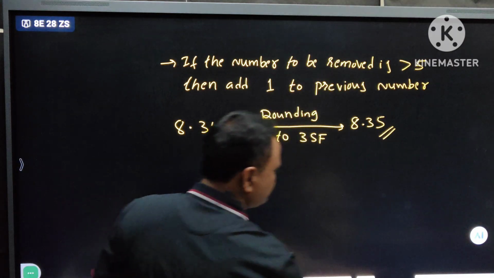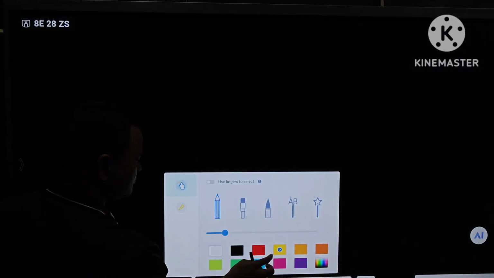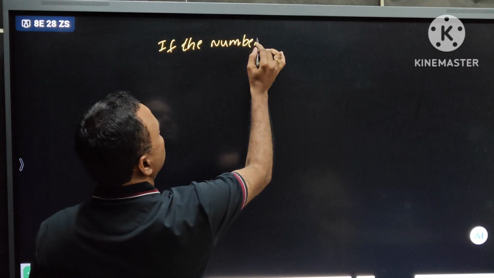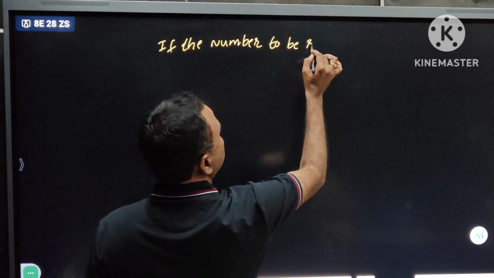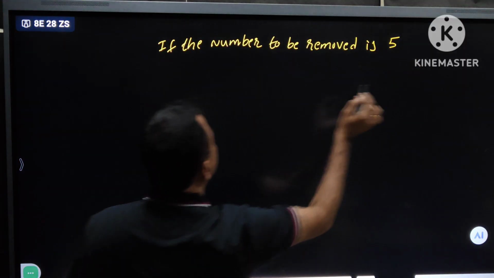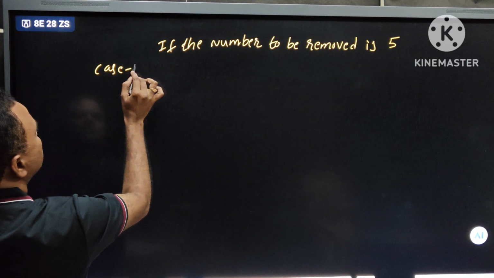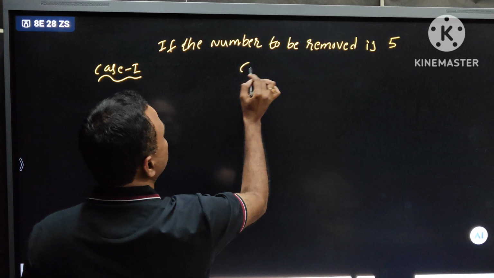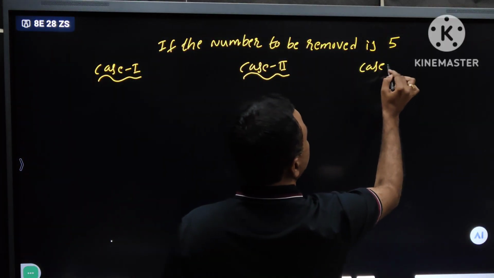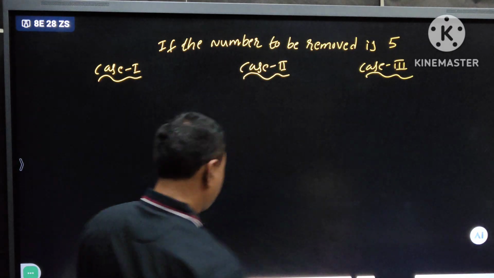If the number to be removed is 5, we have 3 cases: case 1, case 2, and case 3.